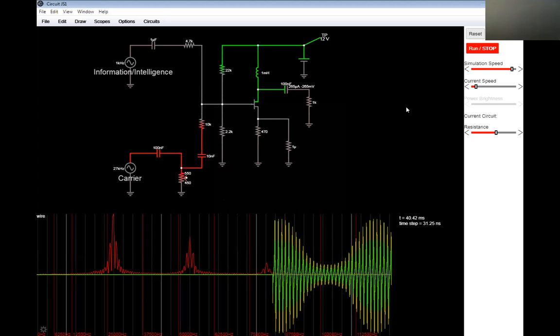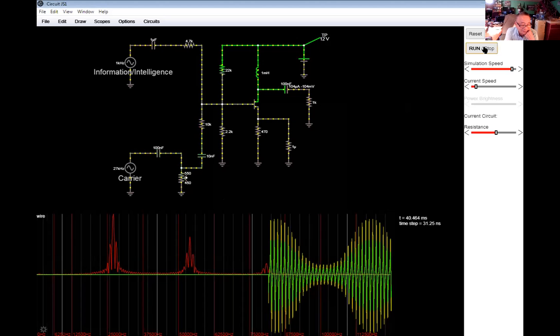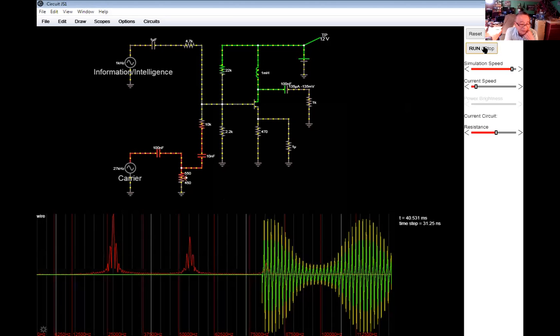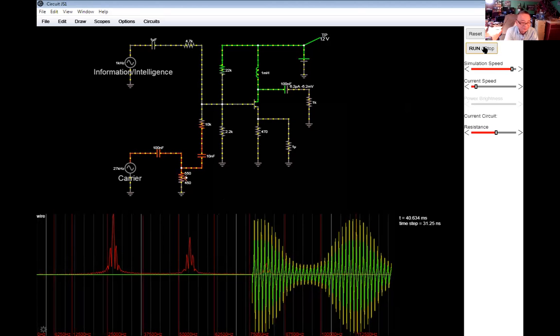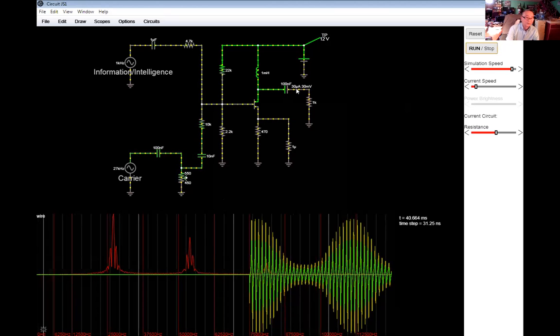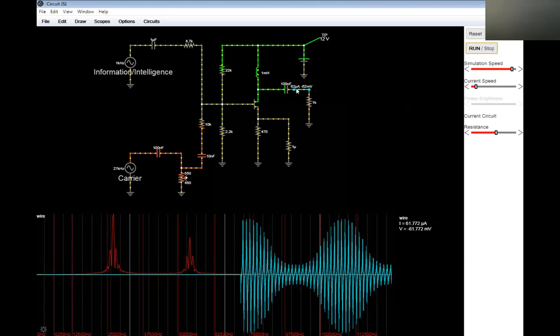Okay. Yeah. That's what he tried to simulate, very good. You can see the signal out of the modulator. That's about what, 50%?